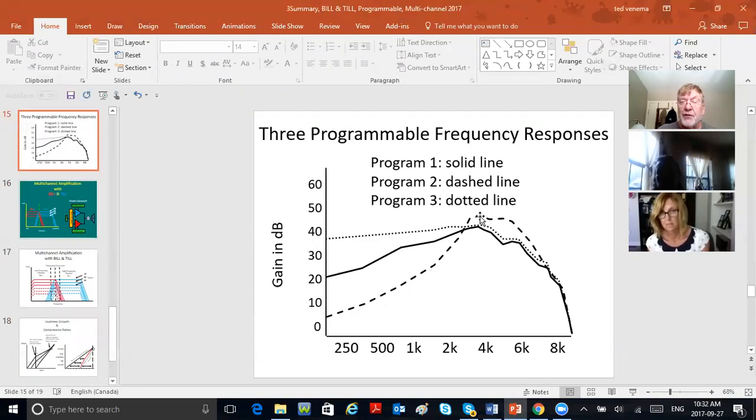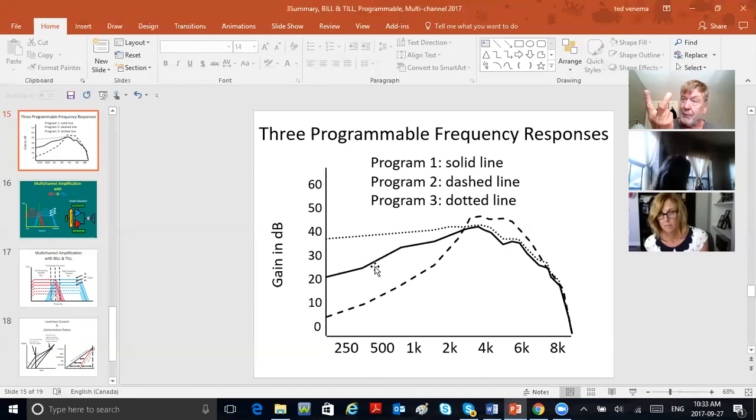Your program for listening in noise may not just involve less gain for the lows and more gain for the highs. Maybe your program for listening in noise turned on your directional mics at the same time, and it kicked in your digital noise reduction at the same time. So your program 1 had this frequency response, for example, with omnidirectional mics, regular, and no noise reduction.